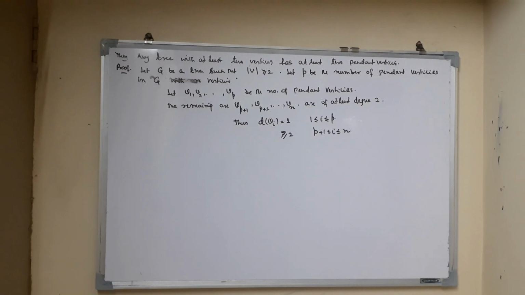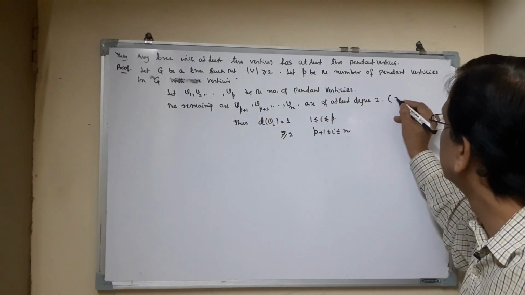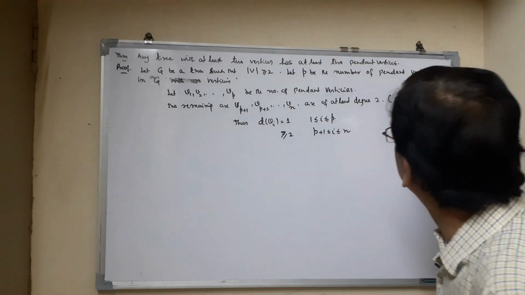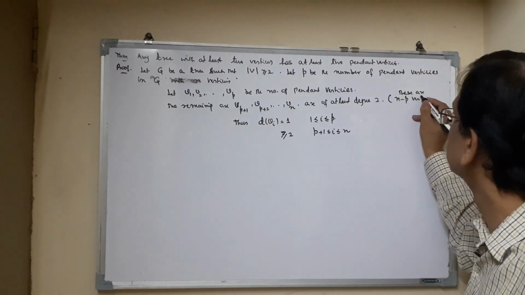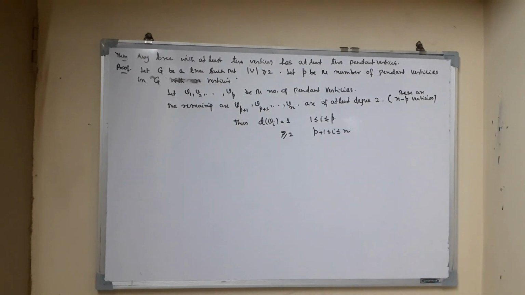Strictly speaking, these are n minus P vertices. Up to P vertices they are pendant, so degree 1. The rest we are assuming are at least degree 2.